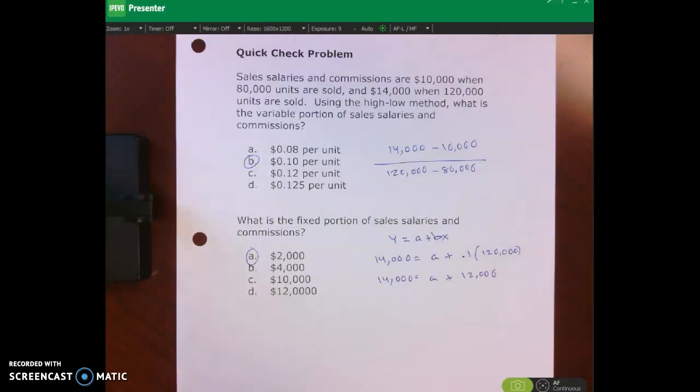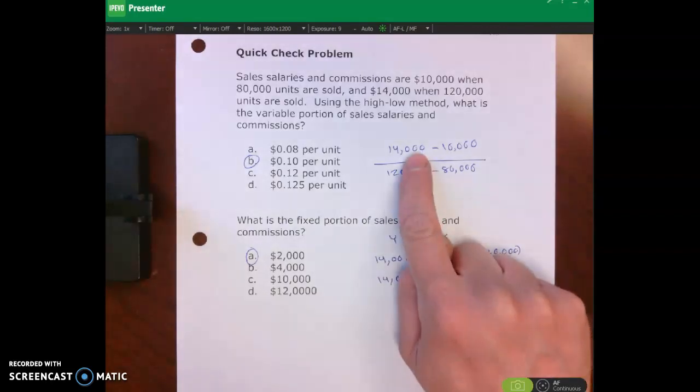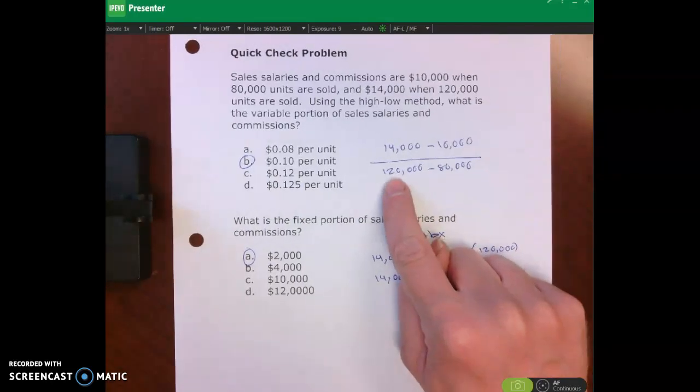So our first one, sales salaries and commissions are $10,000 when 80,000 units are sold and $14,000 when we sell 120,000 units. Using the high-low, what's the variable portion of sales salaries and commissions? We take our difference. We always start with a base.